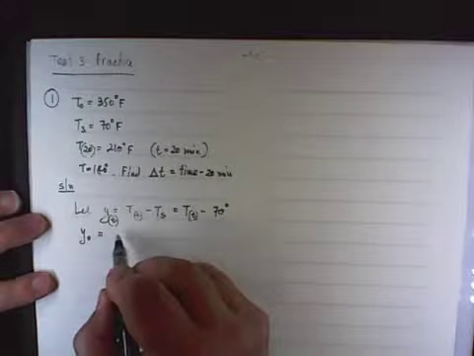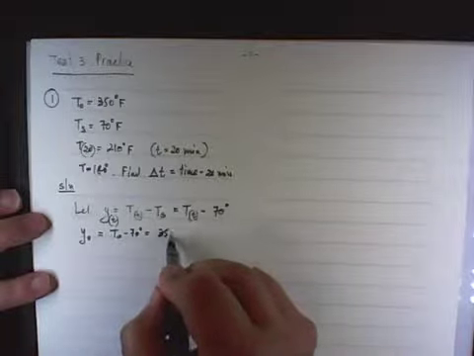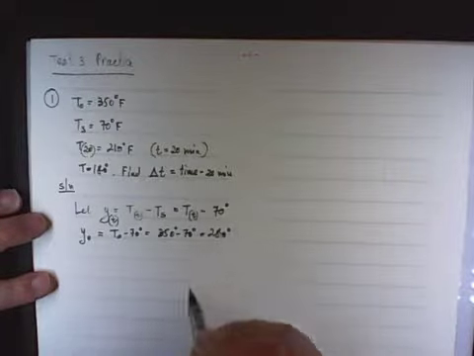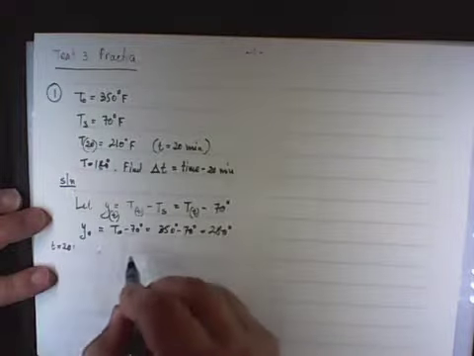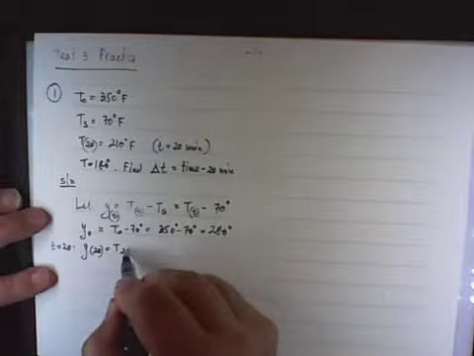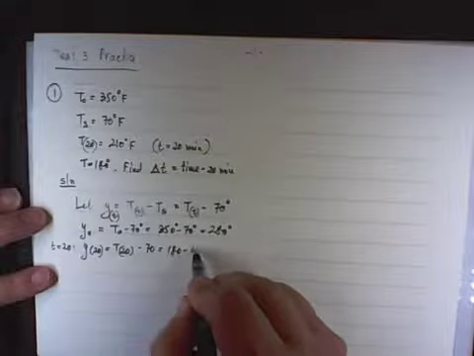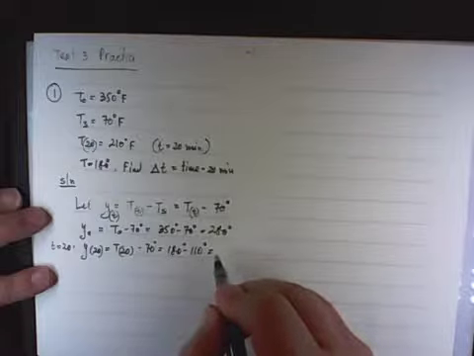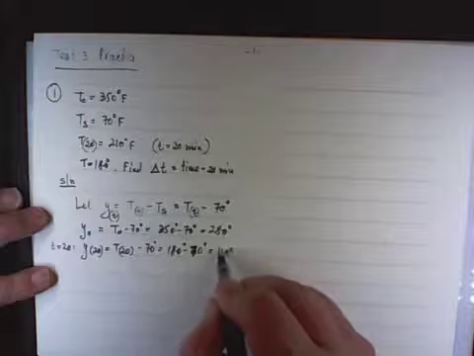Y sub 0 will be T sub 0 minus 70, or 350 minus 70, and therefore it will be 280 degrees. Okay? And when t equals 20 minutes, then y at 20 would be T at 20 minus 70. So we're looking at 180 minus 70, which is 110 degrees.